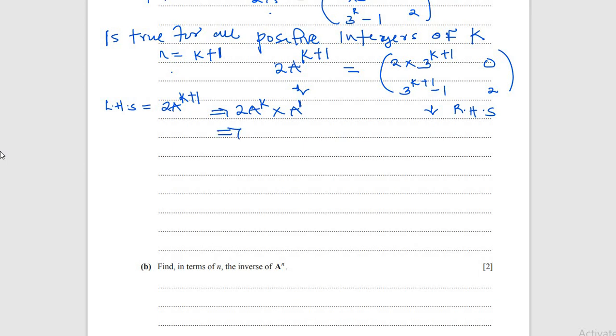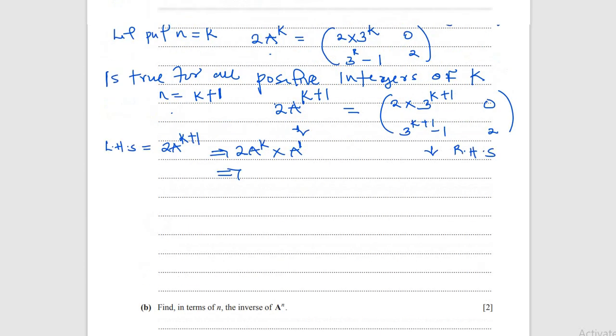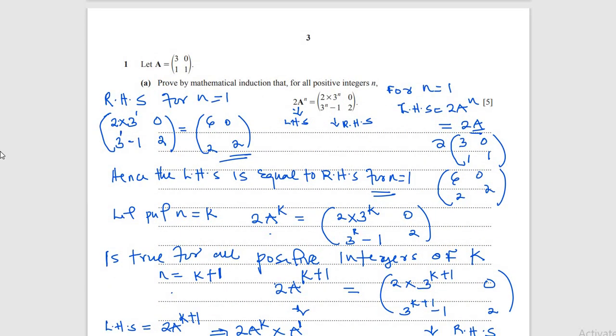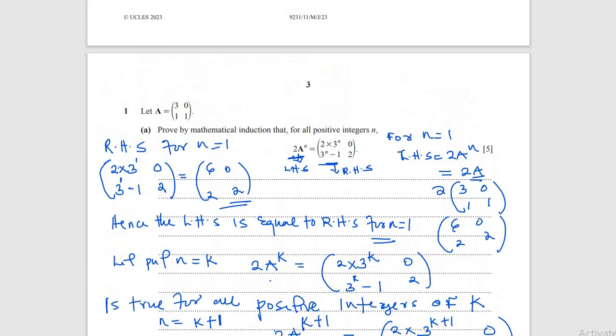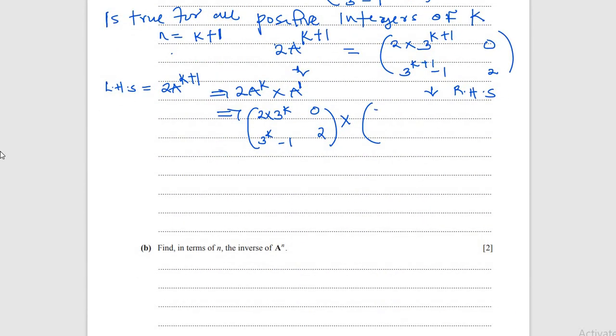So in our previous step, 2A raised to the power n is equal to this, so 2A raised to the power k will take the same format. 2A raised to the power k will be the matrix 2 times 3 raised to the power k, 3 raised to the power k minus 1, 0, 2, multiplied by A raised to the power 1. What is A? A is 3, 1, 0, 1.